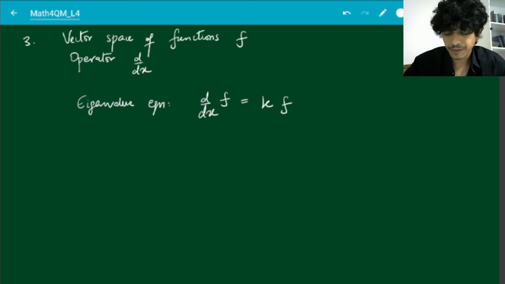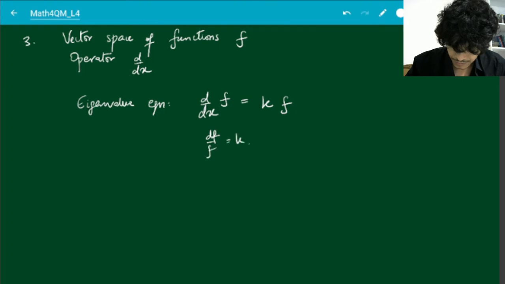Well, this is just a differential equation, you can solve it, but you may have already guessed looking at the form. The functions whose derivatives are the same functions are exponential functions, because e to the power something gives you back e to the power that multiplied by some constant. So if you try and solve this differential equation, you'll find df by f is k dx, meaning f is some constant times e to the power kx.